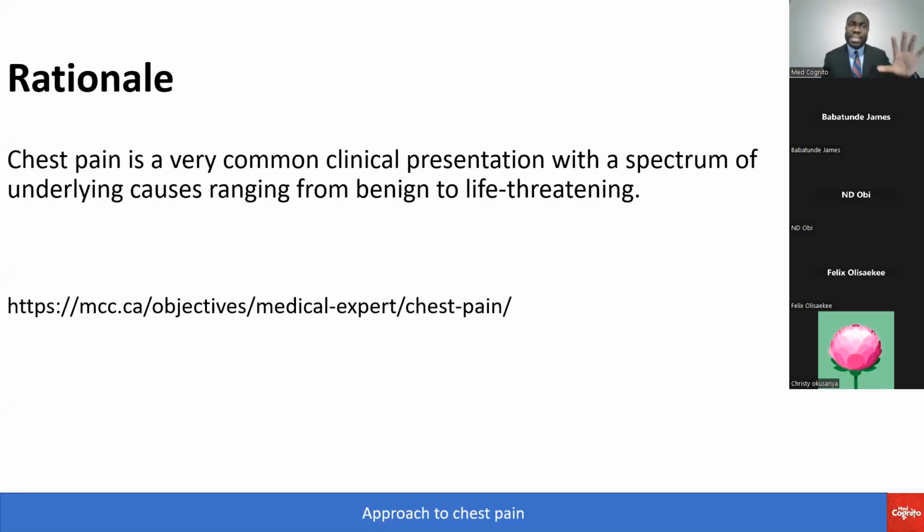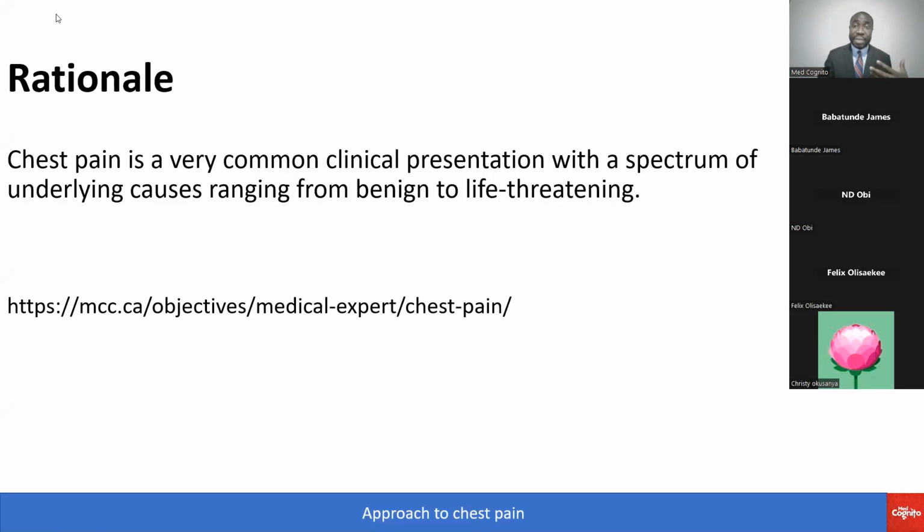So chest pain is a very common clinical presentation with a spectrum of underlying causes, which range from benign to life-threatening. This is what the medical council says, and I'm quoting the medical council.